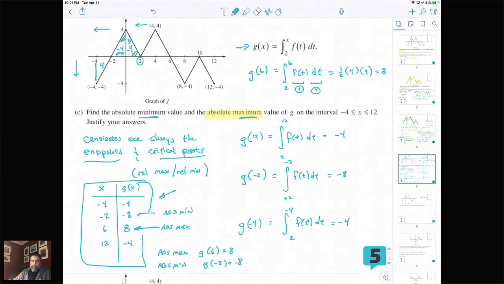This is all you need for your justification. This is the only justification I'm aware of on the AP exam where you don't have to write a sentence. If you do the candidates test and you show that table, that's it. That's all you need. That is why I am really stressing the idea of doing a candidates test and showing all these values. So I hope the candidates test makes sense.